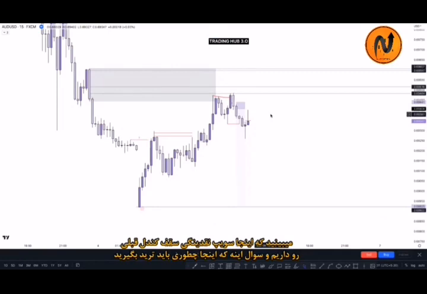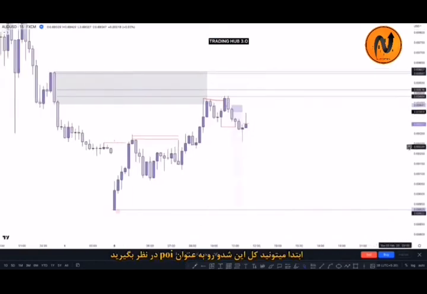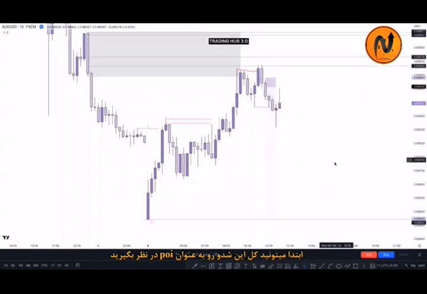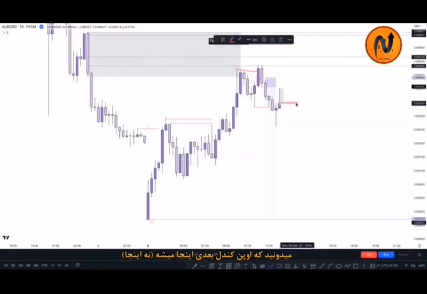So how can you deal here? You can simply mark this as a PD array here, this entire side over here, right? And some people ask me why not the entire candle? You can also take the entire candle, but the problem is here: the next opening candle opens here at this time, not here.